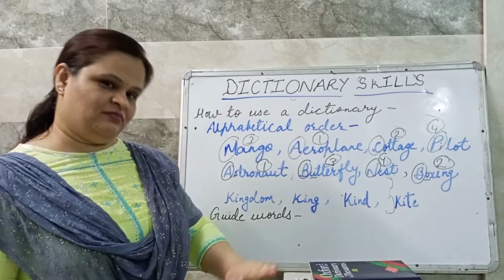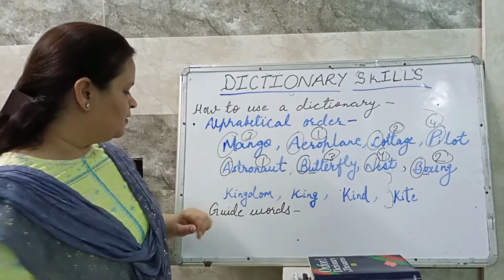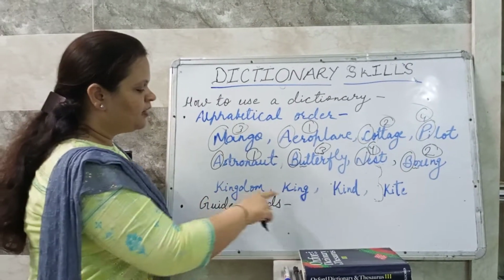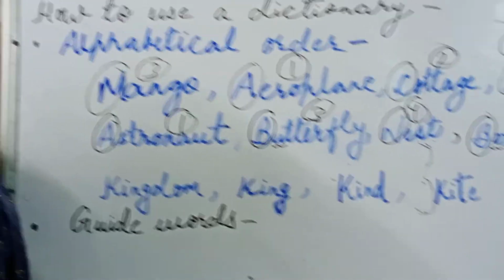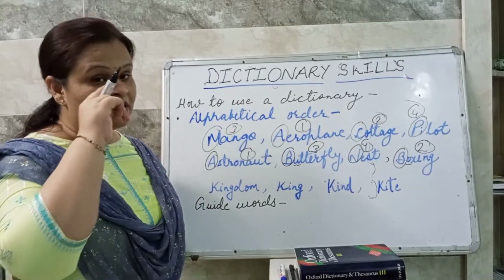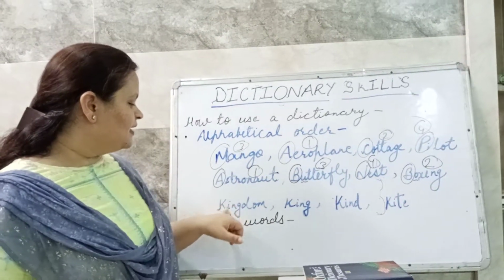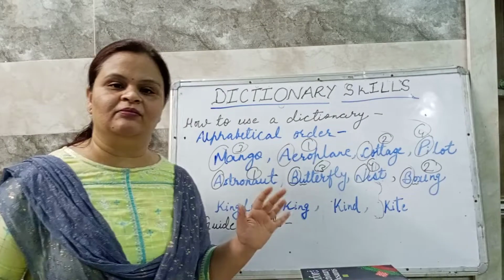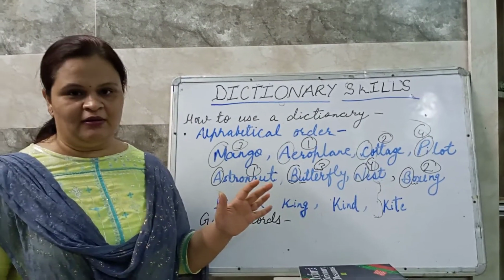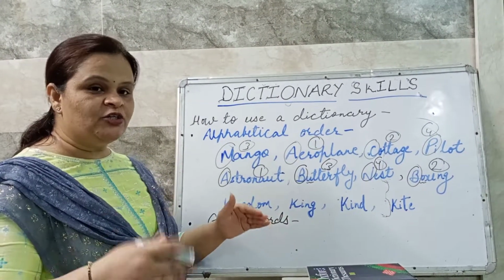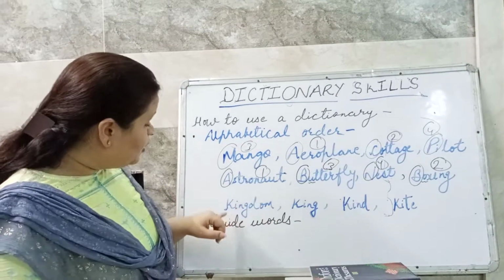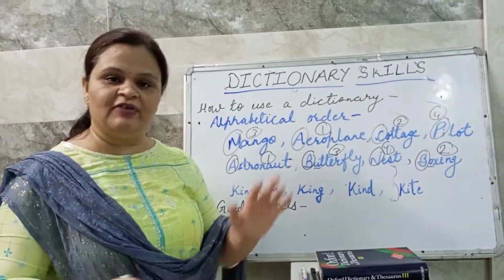Now one more example we can see here. Kingdom, king, kind and kite. Here all the four words start with the same letter K. K, K, K, K. So it's not possible to arrange it alphabetically according to the first letter. Forget that.